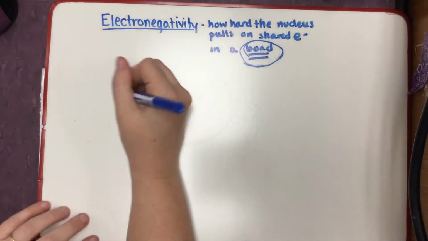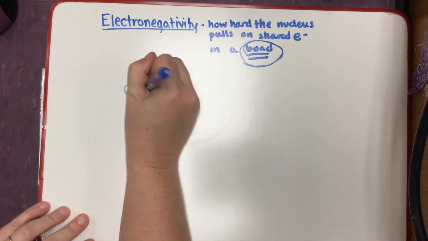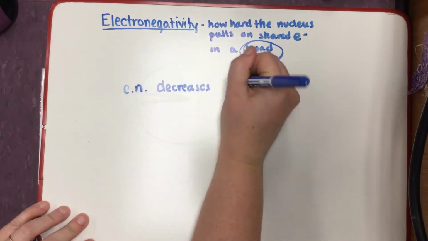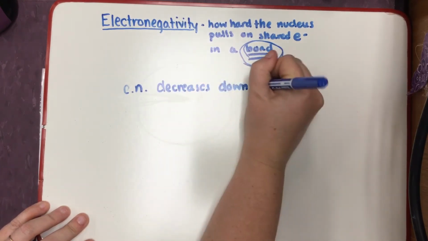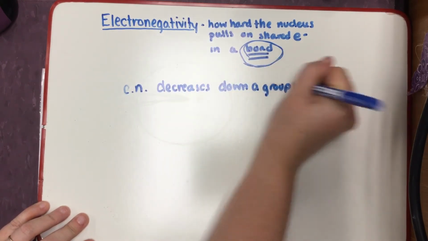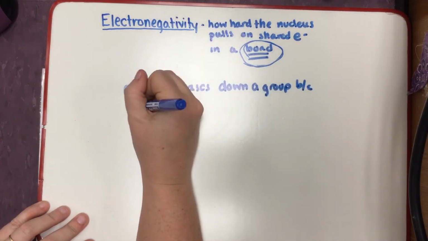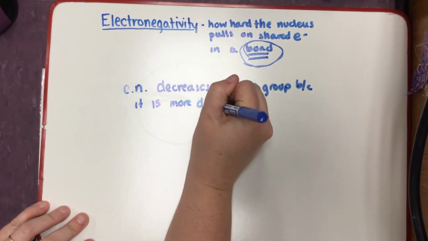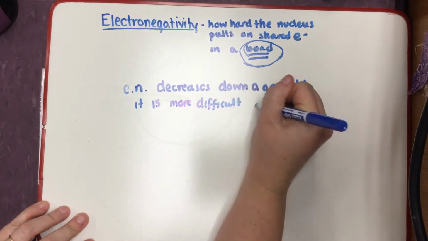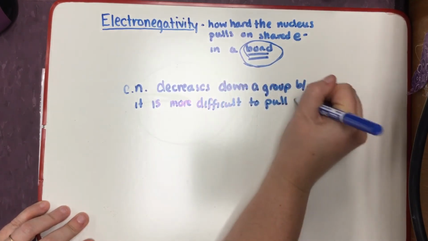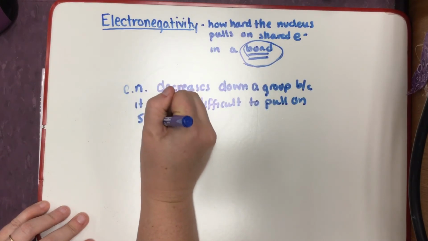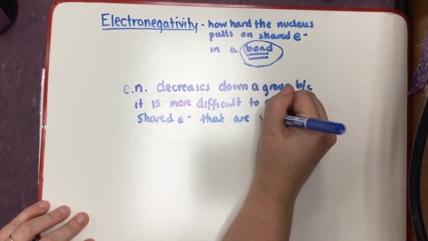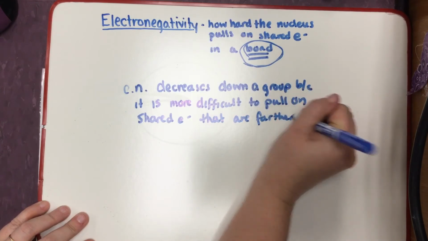So we're just going to say electronegativity decreases down a group because it is more difficult to pull on shared electrons that are farther from the nucleus.